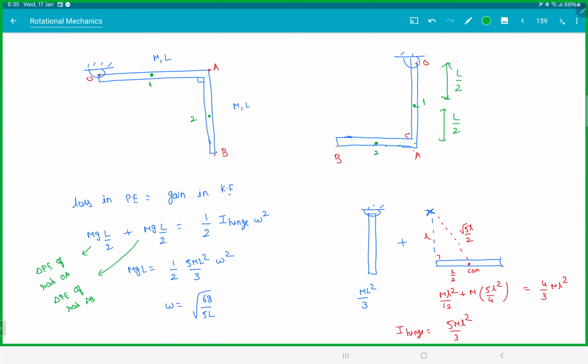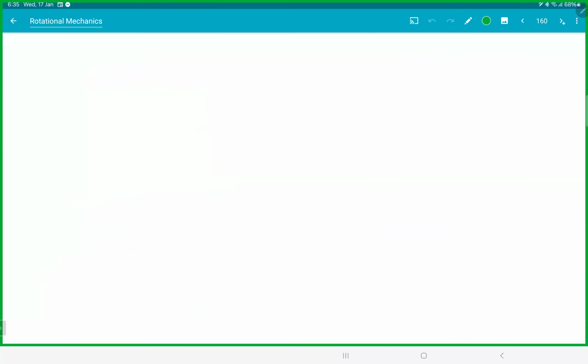Let's see the FBD. This concept is not really that great, but the calculations are messed up, and because of that, it looks pretty good. So if you look at the forces here, let's find the center of mass first. So that guy will be somewhere here.